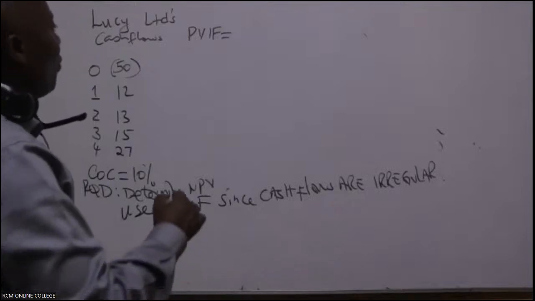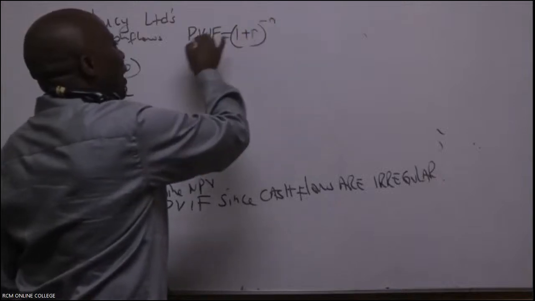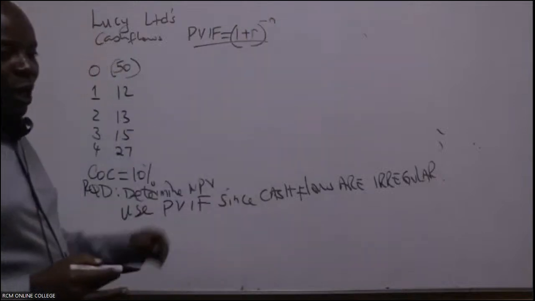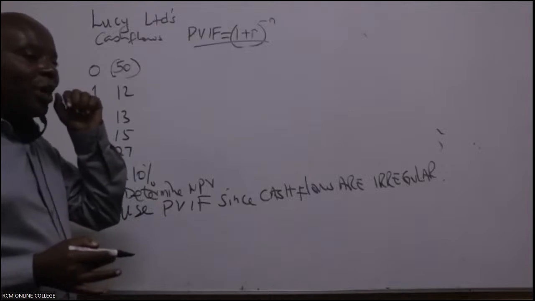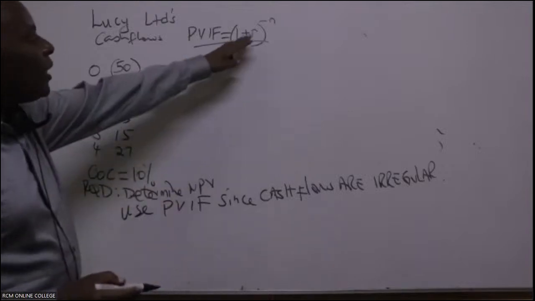And I know the formula is 1 plus r raised to negative n, where of course n is the period.